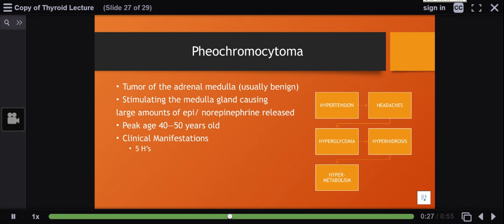This benign tumor stimulates the medulla gland, which results in large amounts of epinephrine and norepinephrine to be released. Due to the stimulation of the medulla gland, clients often present with what is classified as the 5 H's. This would be things like hypertension, headaches, hyperglycemia, hyperhidrosis, and hypermetabolism.